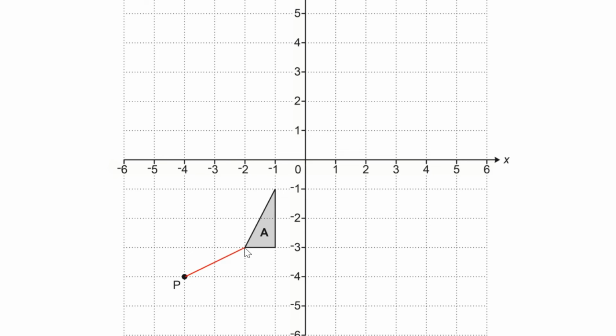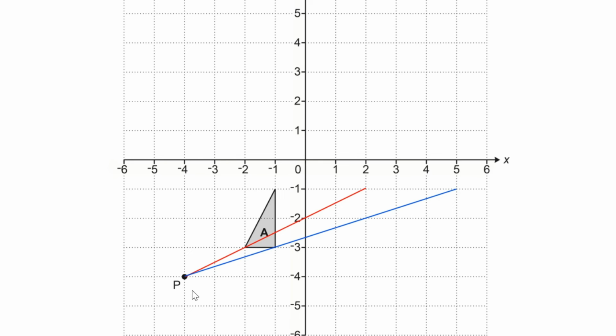So if we enlarge by scale factor 3, we'd have to go 6 across and 3 up. So the corresponding point would be for this point over here. And then for this point, we have 3 across, 1 up. So therefore, if we enlarge that by scale factor 3, we've got 9 across and 3 up, like we see over here.